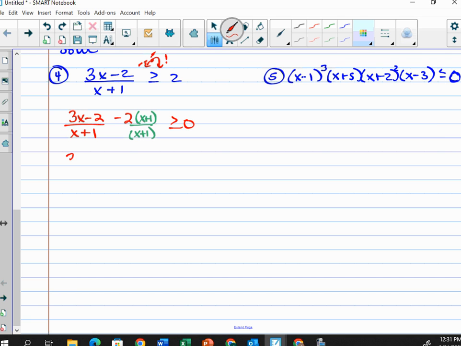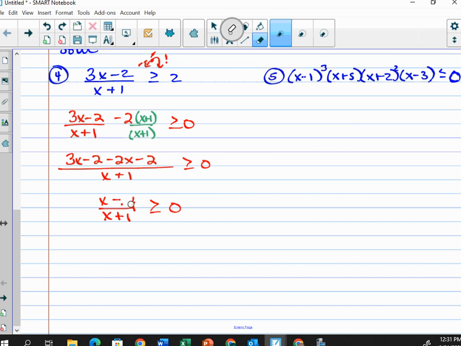So I have 3x minus 2, and then just be careful distributing here. It's going to be minus 2x minus 2 all over x plus 1. So I get x minus 2 over x plus 1. X minus 4. Yep, that's 4.